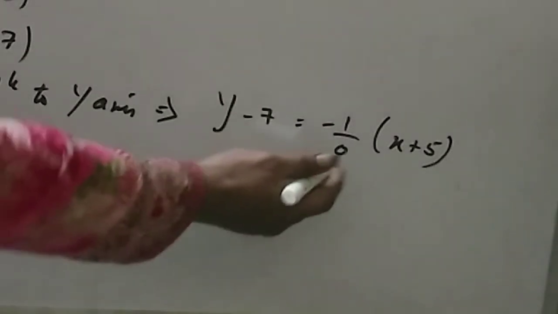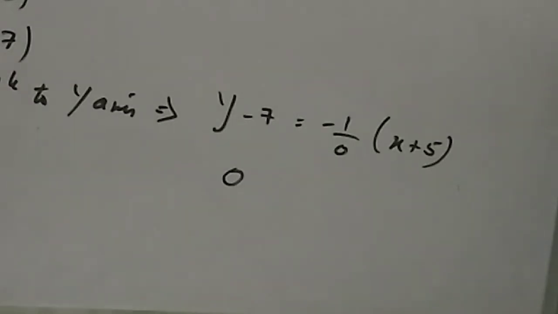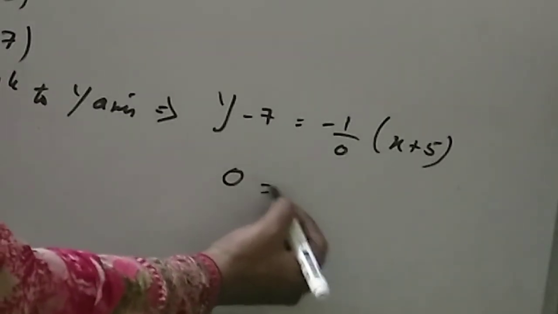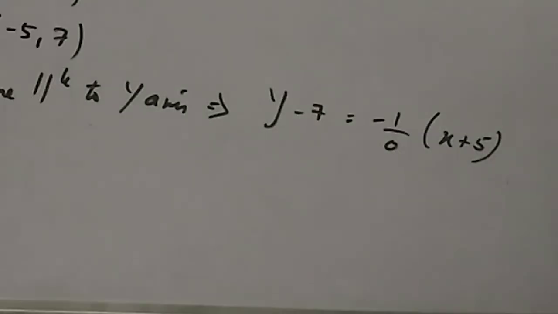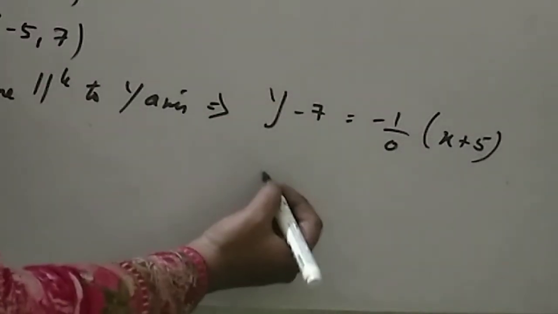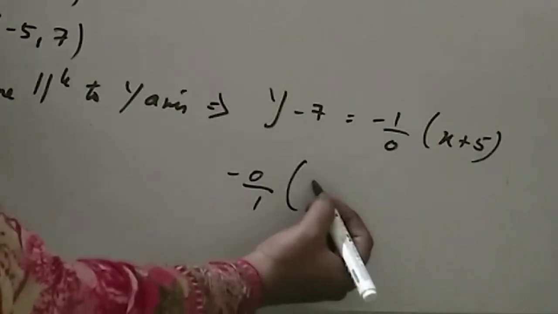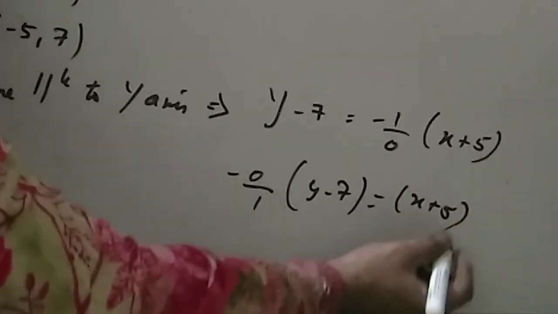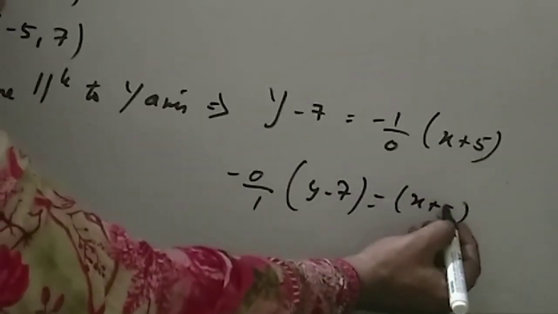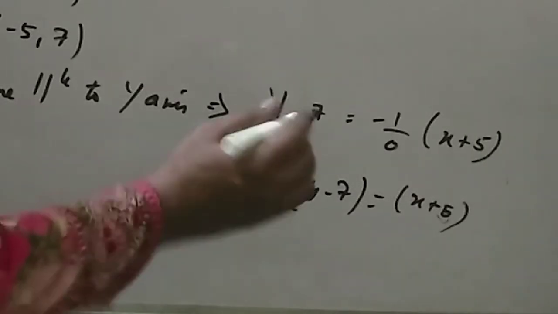Anything multiplied with 0, you will get 0. And now you write 0 upon y minus 7 is equal to x plus 5. So negative 0 will not be there.